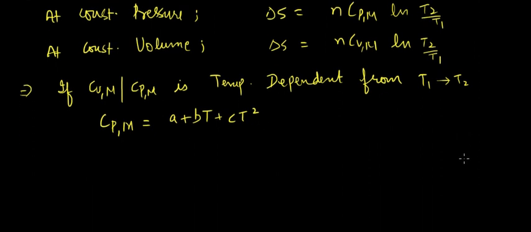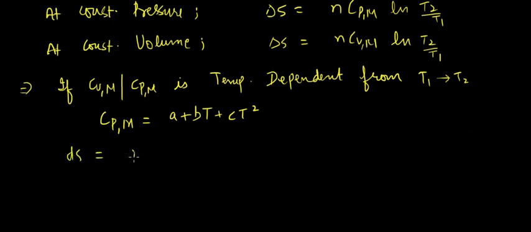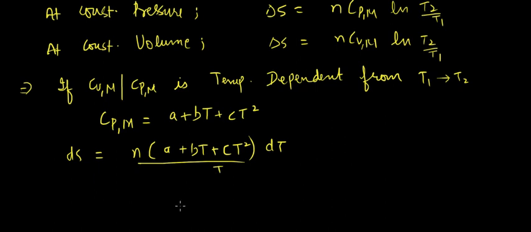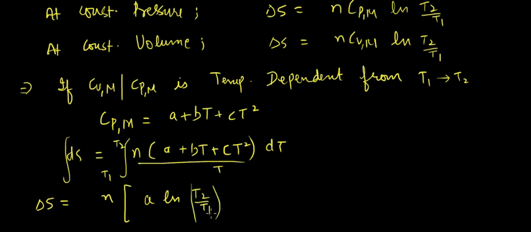So the value of dS would be n Cpm dT upon T. So on integrating both sides, delta S would be equal to n [a ln(T2 upon T1) plus b(T2 minus T1) plus c by 2 (T2 square minus T1 square)].